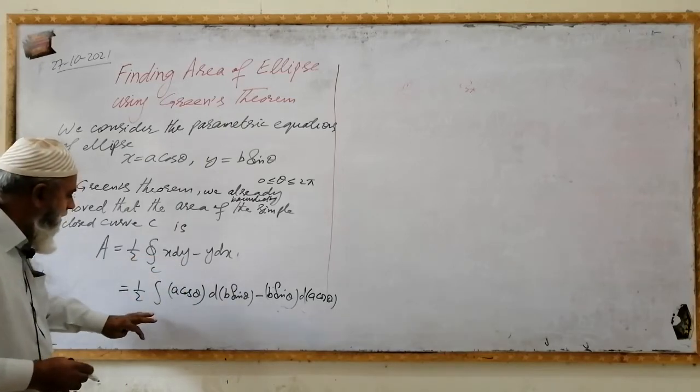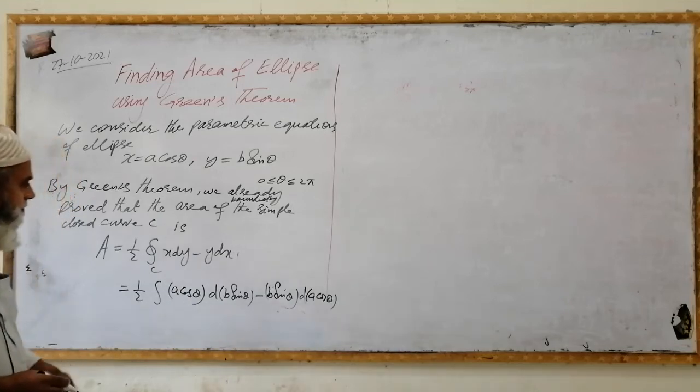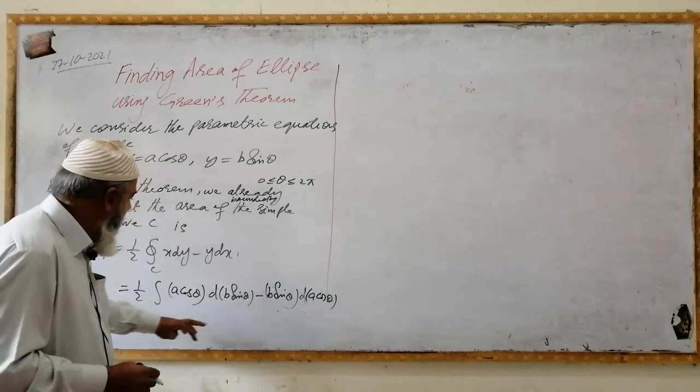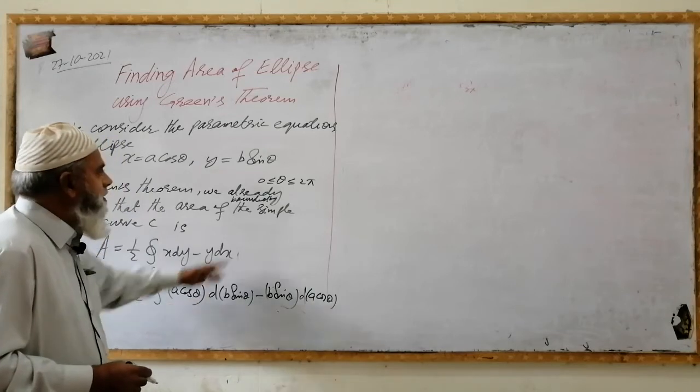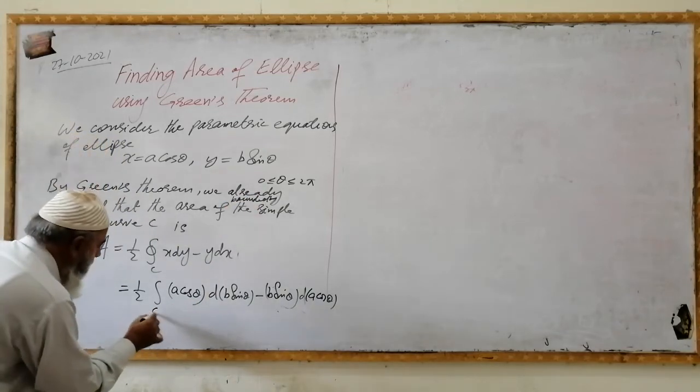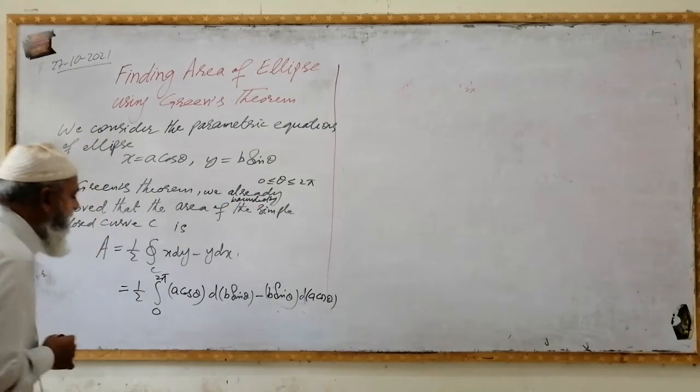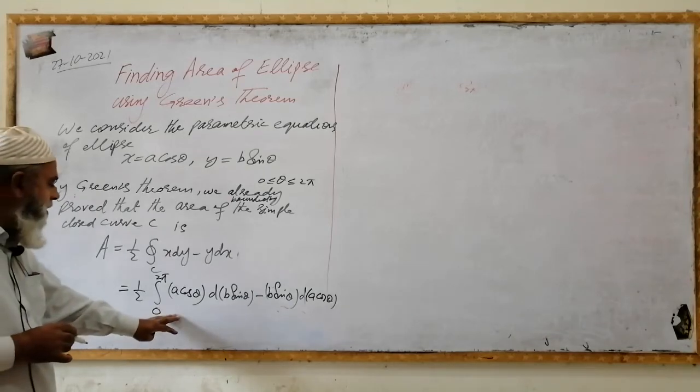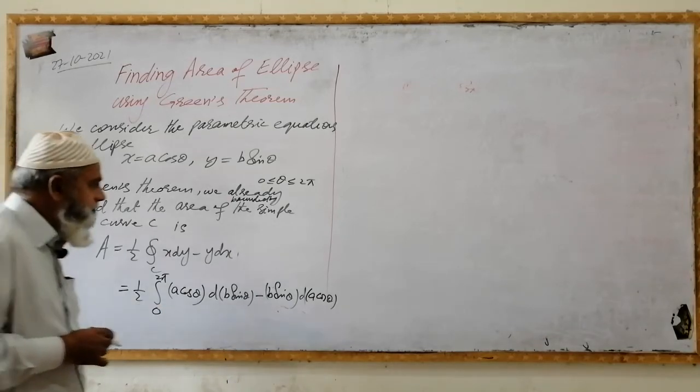Now we are going to find the integral, and obviously here we have variable theta, and theta varies from 0 to 2 pi. Therefore, for the ellipse, limits of theta are 0 to 2 pi.